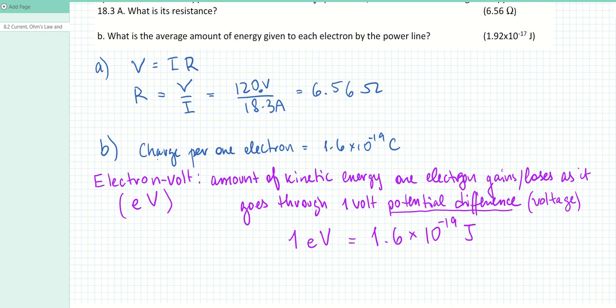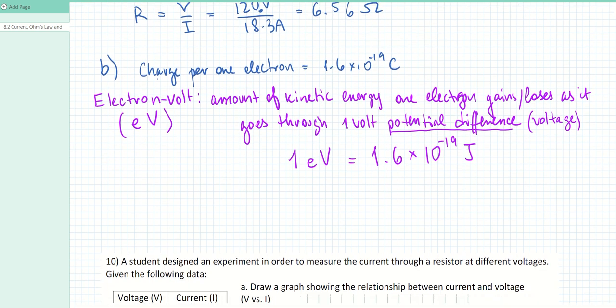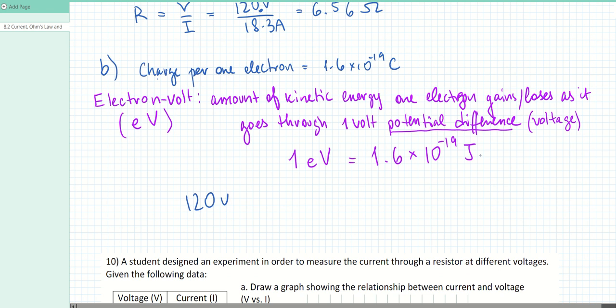So if you have 120 volt potential difference, like we do in this question, you take your 120 volts. Now you want to have energy, so you have to convert our eVs to joules here. We want to get rid of the volts, so we have to have volts on the bottom. In this case, the eV stands for one single electron, but these are still volts, so eV is going to go on the bottom, the joule is going to go on the top.